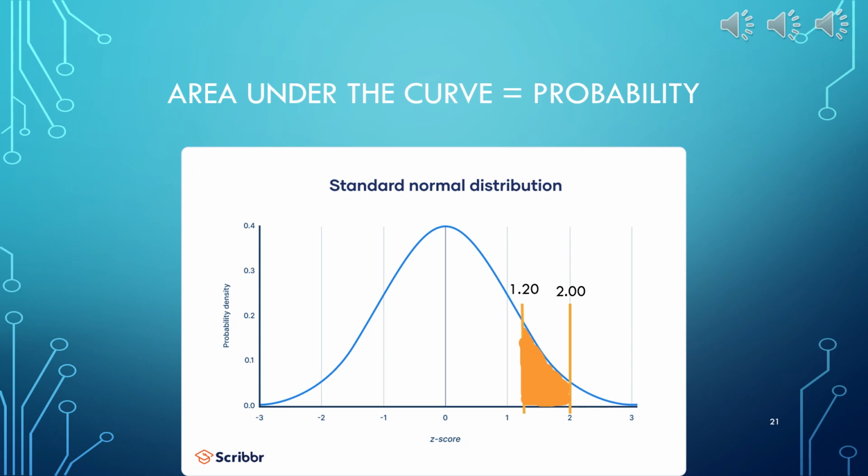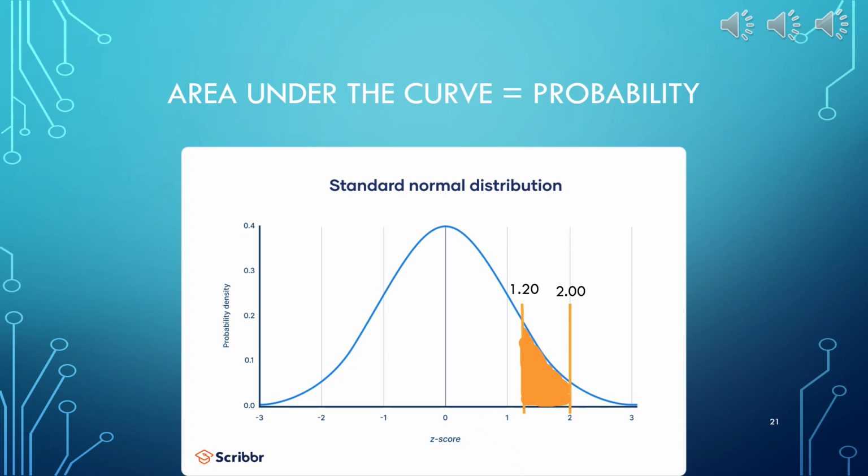Okay, let's try something a bit more difficult. What I'm interested in you finding is the proportion of scores, that is the area under the curve, between a z-score of 1.2 standard deviations above the mean and a z-score of 2.00 standard deviations above the mean.